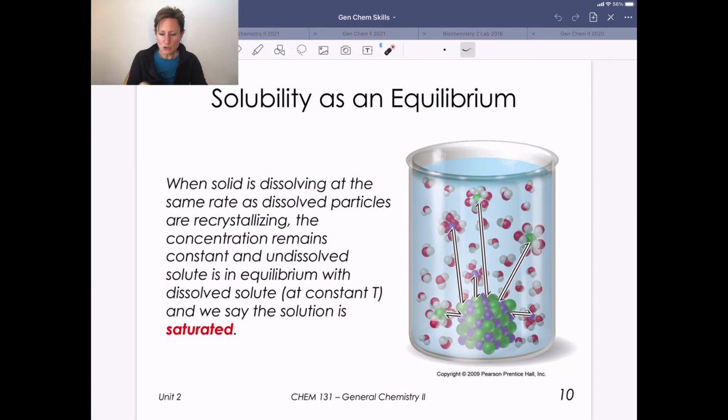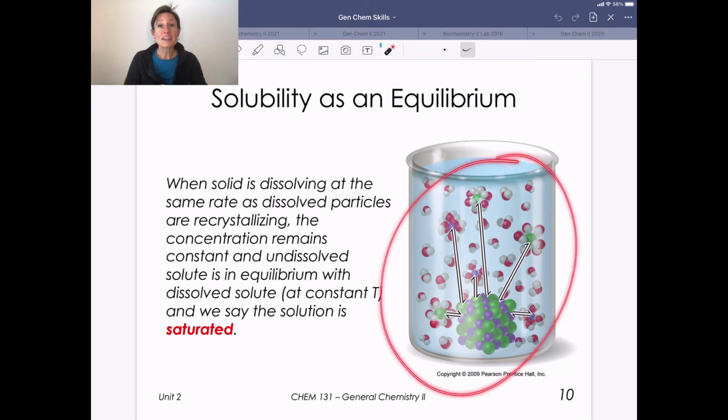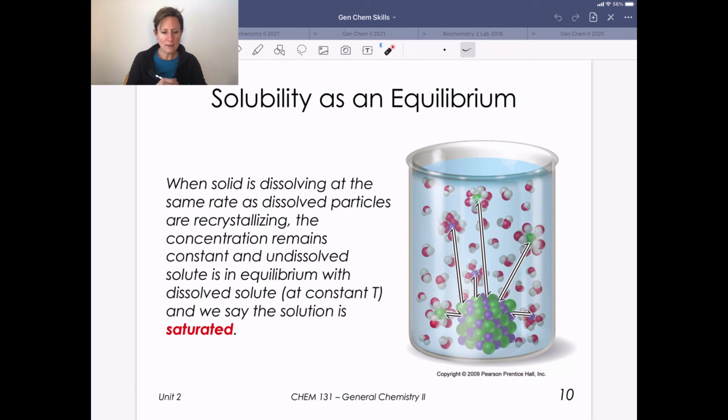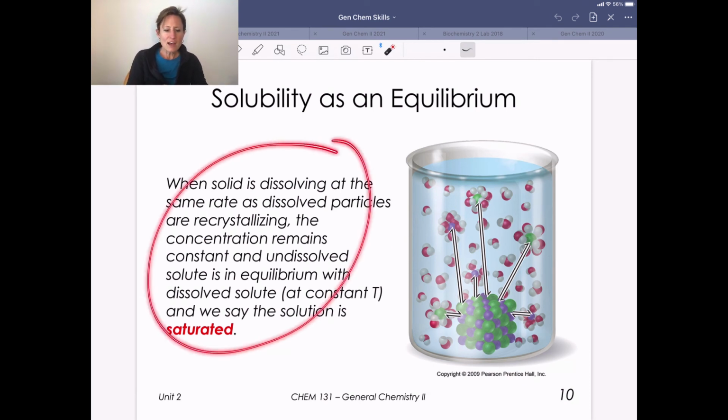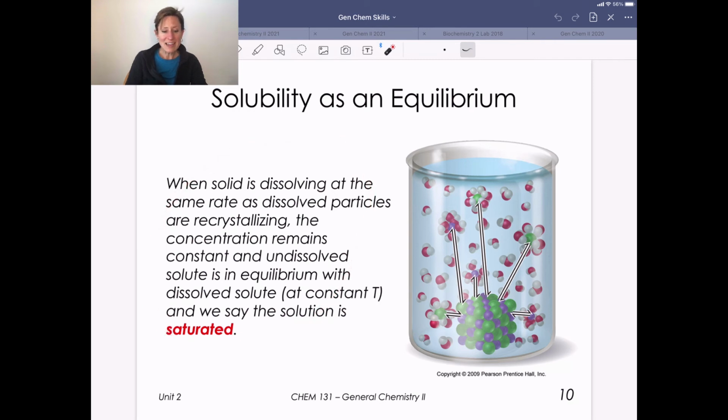Well, the same can be true when we talk about putting a salt in water, dissolving and dissociating a salt in water. So again, it says here, a solid is dissolving at the same rate as the dissolved particles are recrystallizing. We're using the term dissolve because this could apply to sugar as well. What's going to happen is the concentration of salt or sugar would remain constant in solution and would reach what we call an equilibrium at constant temperature.